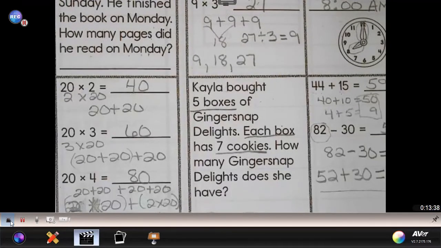Okay, so I'm going to repeat that one more time. If Kayla added another box of 7 cookies, right? If she added one more box of 7 cookies, how could we use the distributive property to help us solve for the number of cookies?